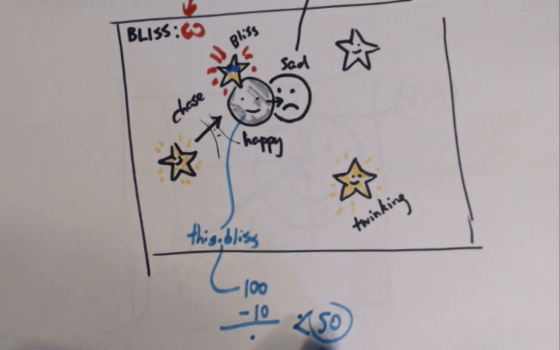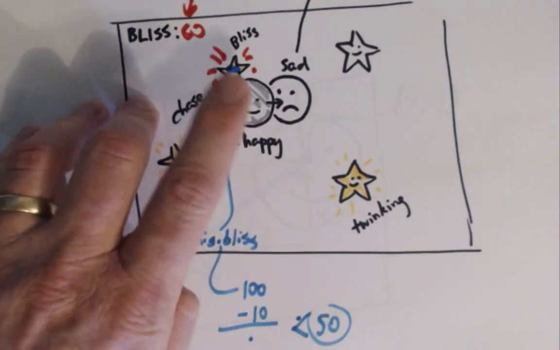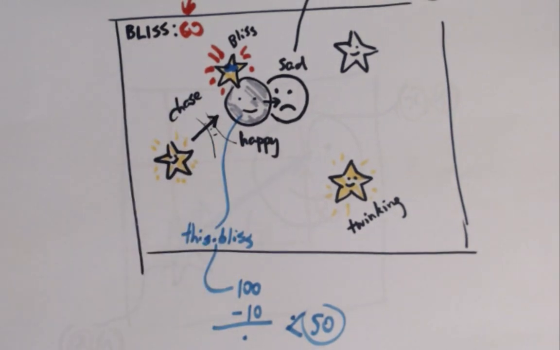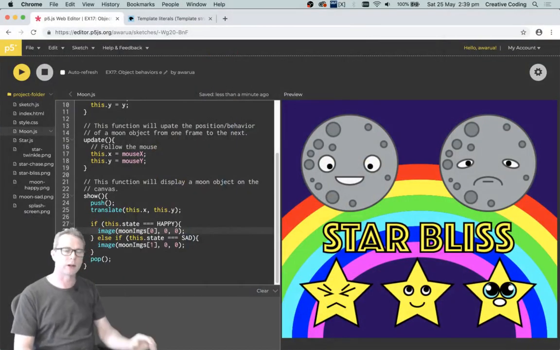So let's actually model this, and I'll use the same technique of visual debugging to visualize the amount of bliss that the moon has. I'm going to do it simply by writing some text above the moon saying what its current bliss is.